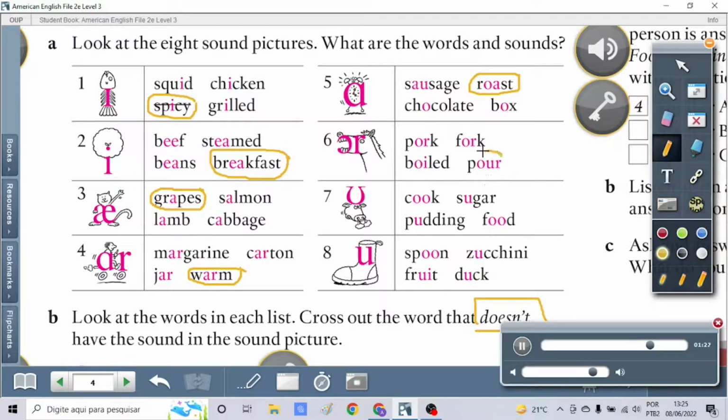Bull. Cook. Sugar. Pudding. Food. Boot. Ooh. Spoon. Zucchini. Fruit. Duck.